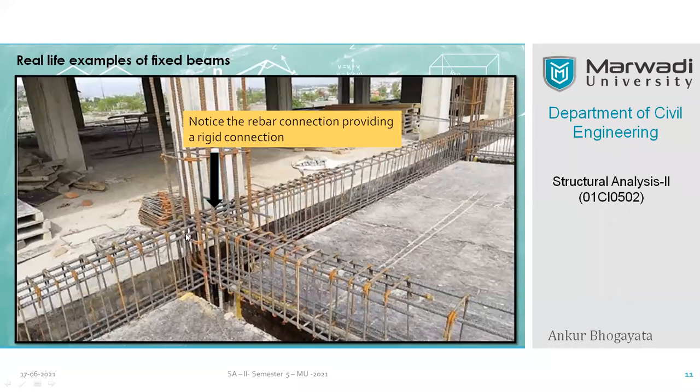Bottom bars are bent upwards, and the top bars are bent downwards. When you develop this kind of arrangement and tighten them with the other reinforcing bars, you can expect 110% fixity. Whenever we cast this entire joint, it is going to offer ensured fixity of all these connected beams.